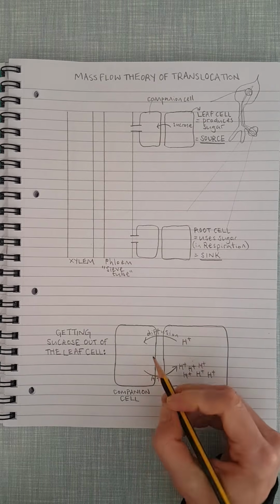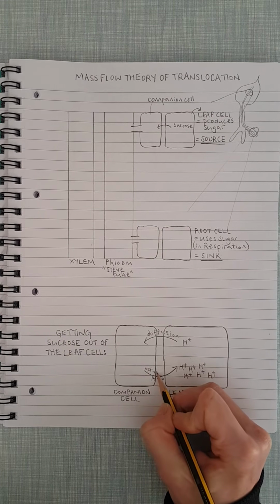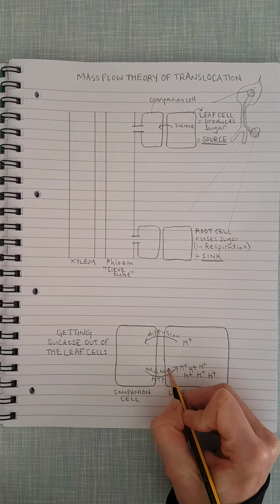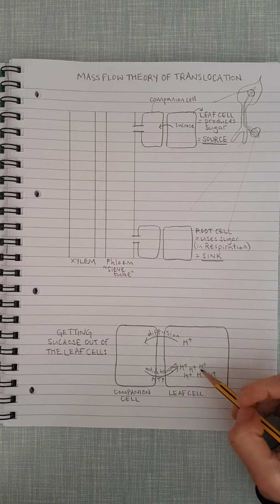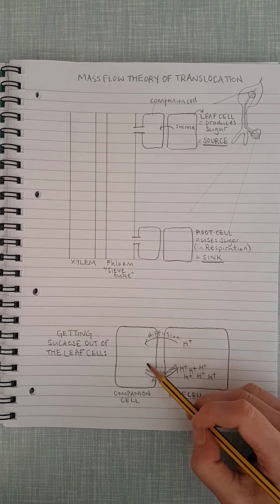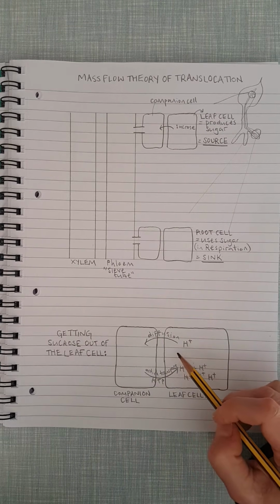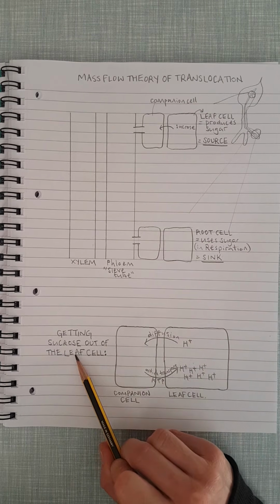Okay, so we can see the active transport, let's just label that, using the ATP, has transported the hydrogen ions into the leaf cell so that now the hydrogen ions can diffuse back into the companion cell. Well, we haven't mentioned the sucrose. What's that got to do with getting the sucrose out of the leaf cell into the companion cell?